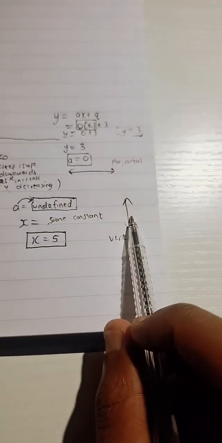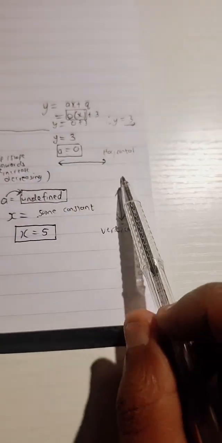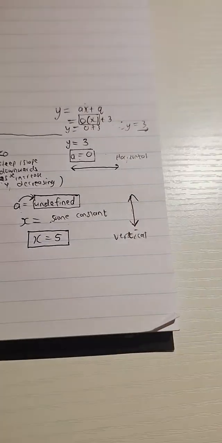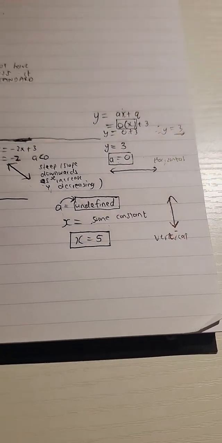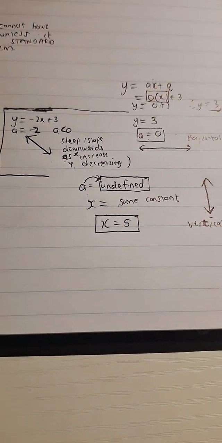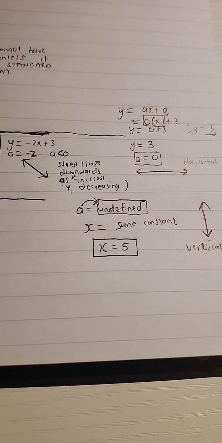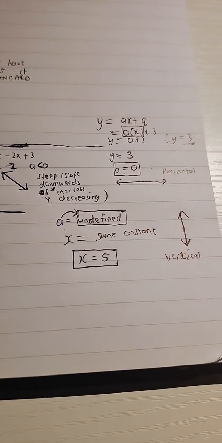And it has the equation x is equal to whatever the constant x value is along that vertical line. This is unique for when the gradient is undefined. We say x is equal to a particular constant value. That's unique to a vertical line.